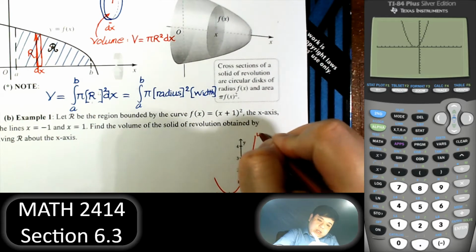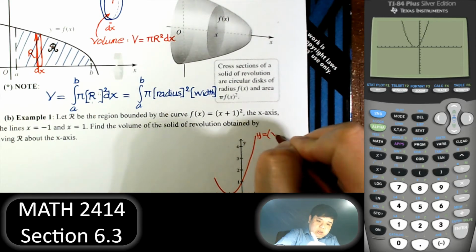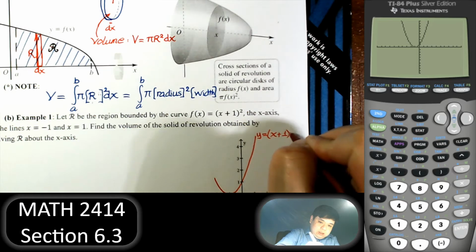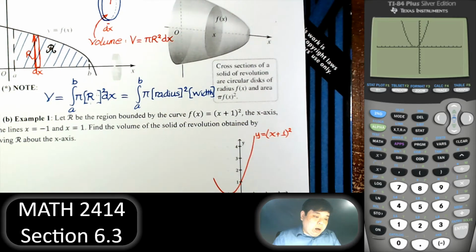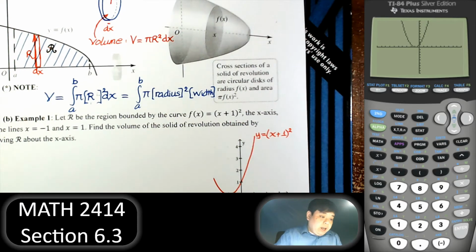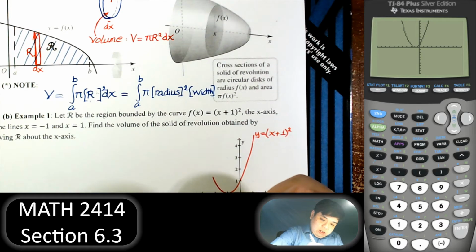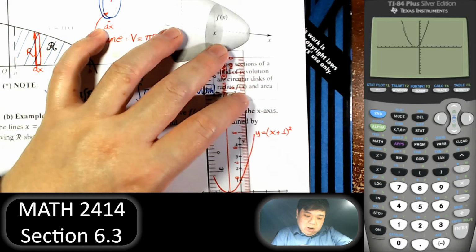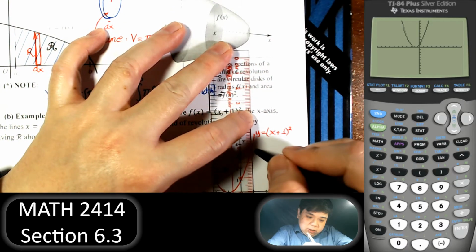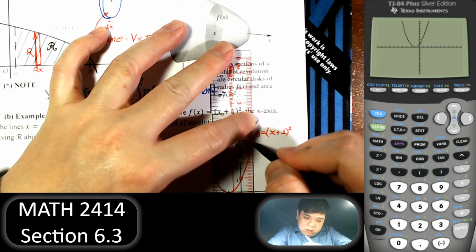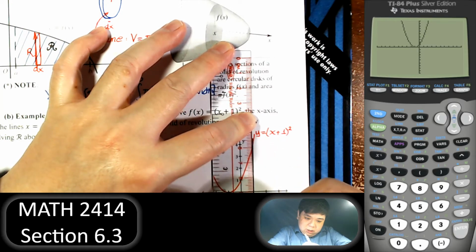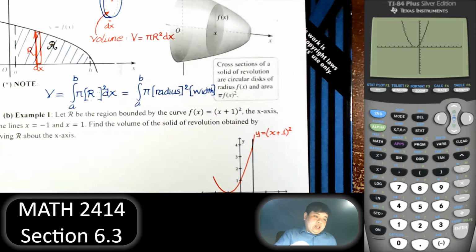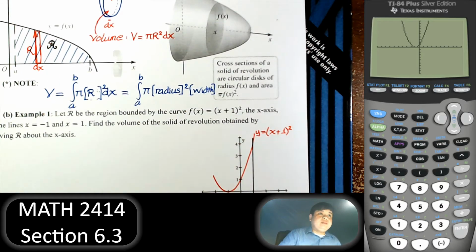So this is y equal to x plus 1 squared. We have the line x equal to -1, and x equal to 1 is the vertical line. And so this is the region R.